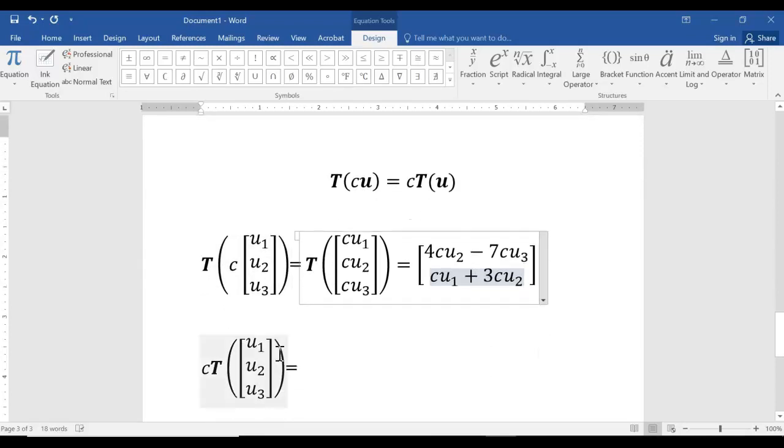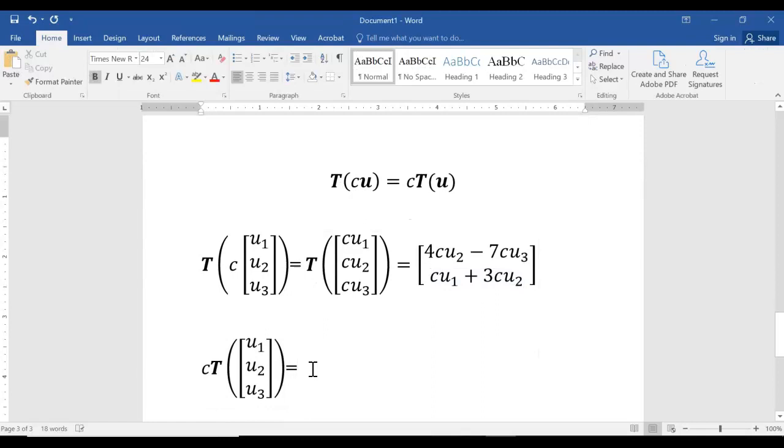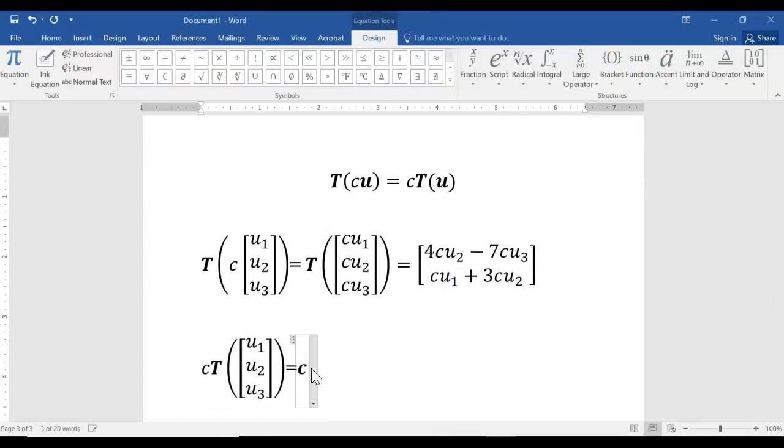Now let's go ahead and do the transformation first and then multiply. So we take c, and then what would we get as our output vector?